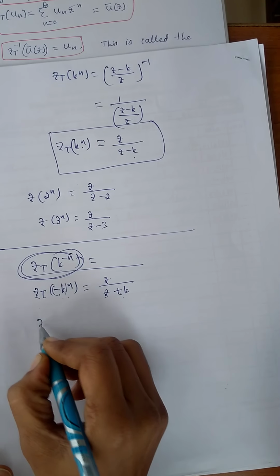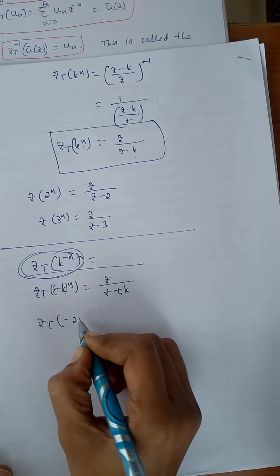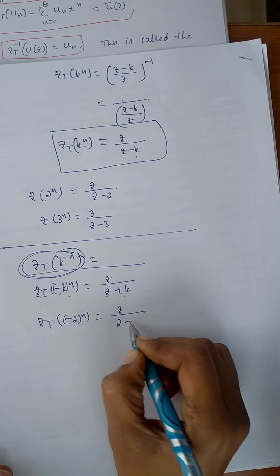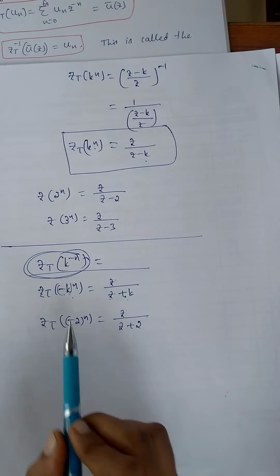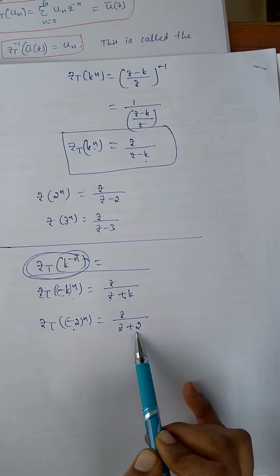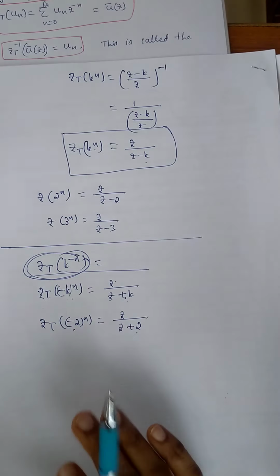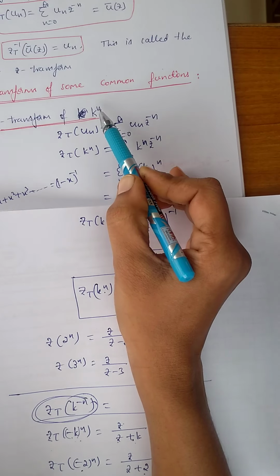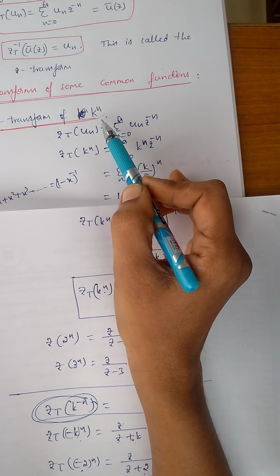Same thing, suppose if you have the z transform of minus 2 to the power of n, the answer is z by z plus 2. Just replace k by minus 2, we will get minus into minus, plus 2. So using this formula, we can find the z transform of any constant number power n.